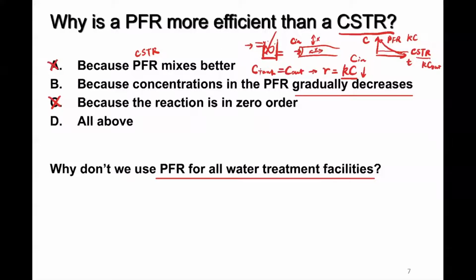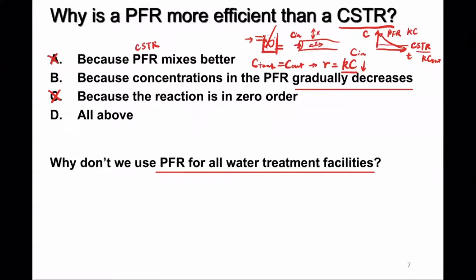Okay, so the major problem here is that the PFR is just a long tube, right? It's very challenging for us to design a water treatment system that has a very long tube in there. We may use this tube for the transport of water, let's say to deliver water from the water treatment plant to different households.